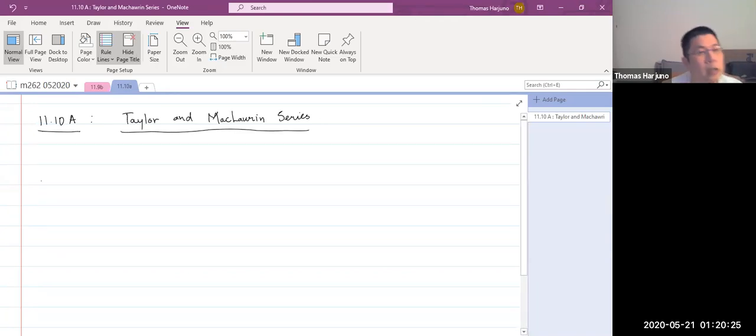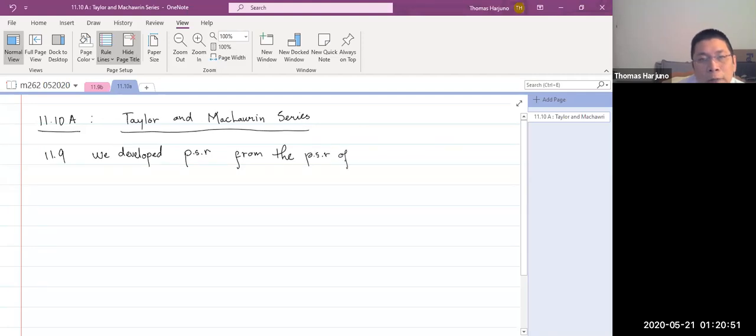In 11.9, we developed the power series representation of 1/(1 minus x), which is this guy.